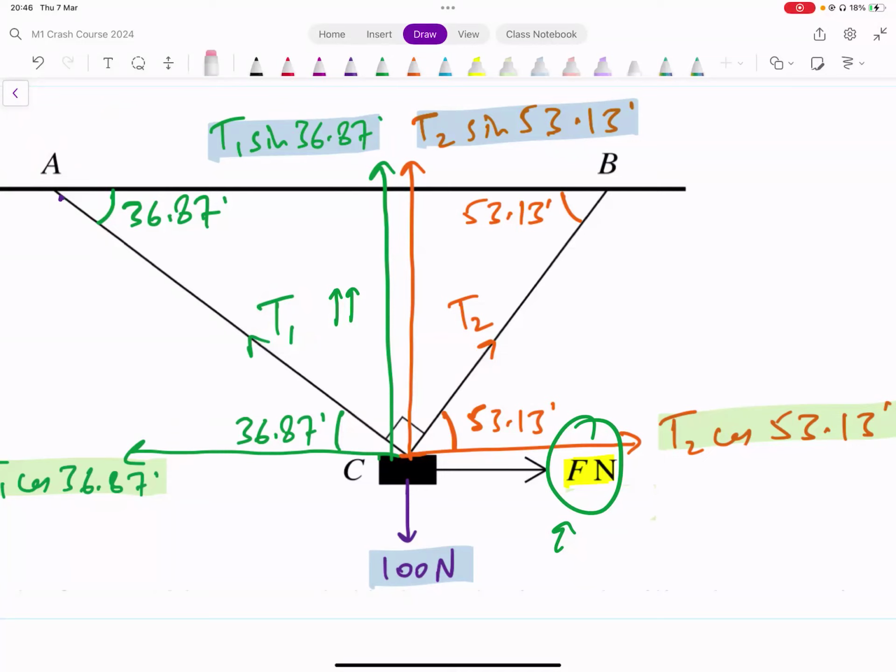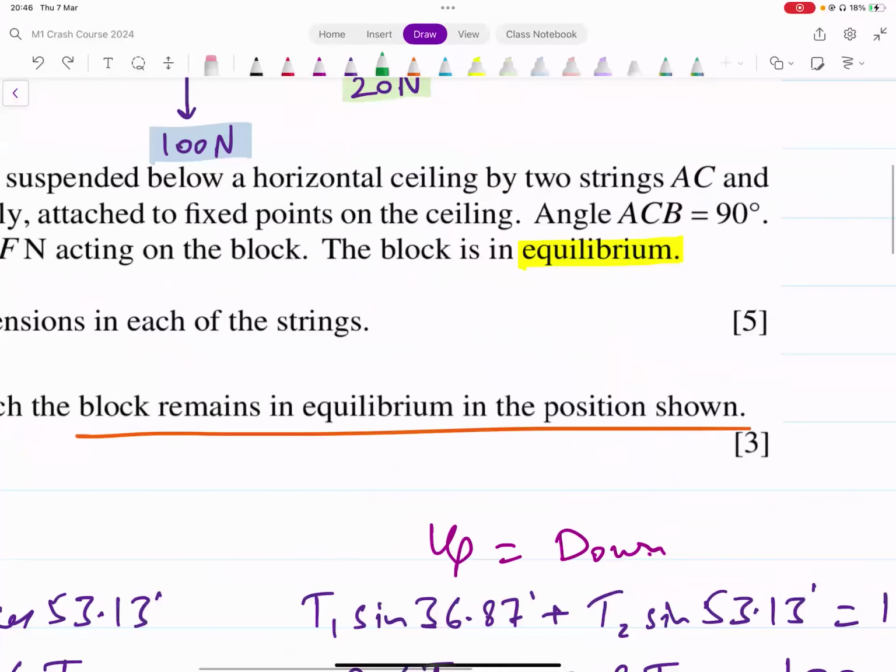There's going to be more force on that side. And the tension in this part of the string is going to keep getting lower because a lot of that weight is now being countered by this force F. Okay. I'm sorry, it moved again.